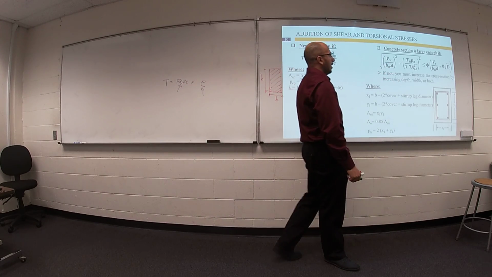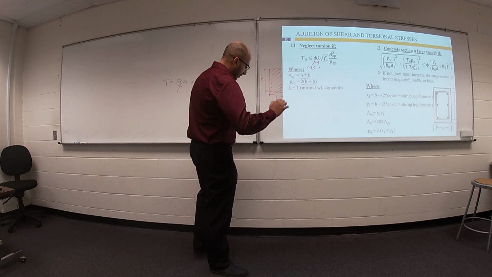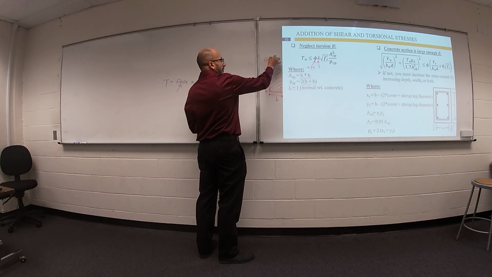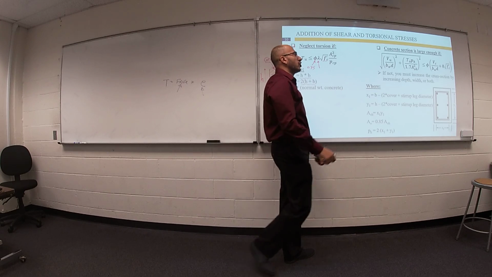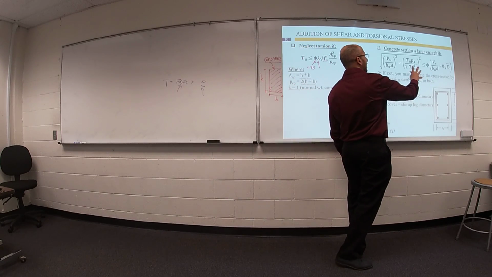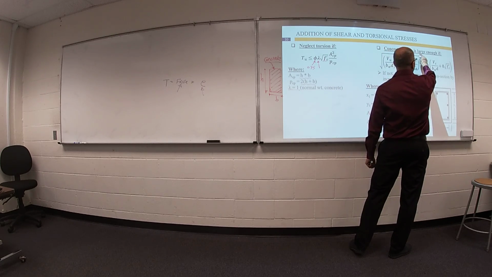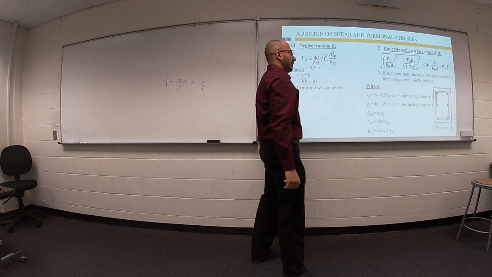Second step, we need to be sure that your concrete cross section is enough to support this torsion. So we need to check that the concrete section is large enough to support shear and torsion.